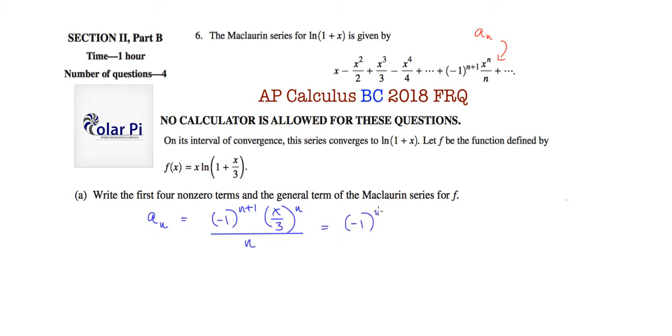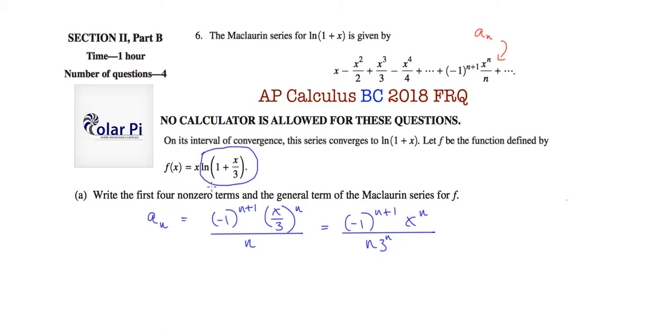Okay, cool. First, notice that I can simplify this to read as follows: negative 1 to the n plus 1, and then x to the n, divided by n times 3 to the n. Now, this will be the general term in the Maclaurin series for ln of 1 plus x over 3.